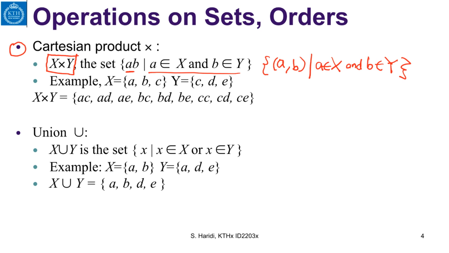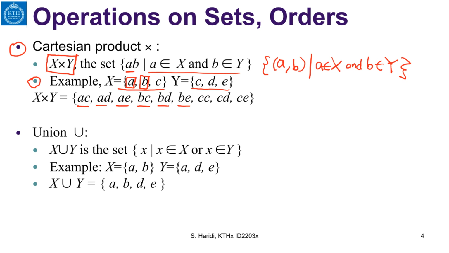So here is an example. If X is a set ABC and Y is a set CDE, then the Cartesian product is the combinations of all elements from X with all elements of Y. So, for example, we take A and combine it with all elements of Y. We get this element, and this element. We take B and combine it with all elements of Y. We get this element, and this element.